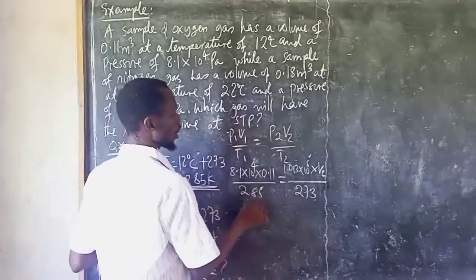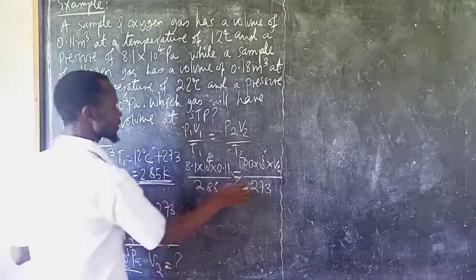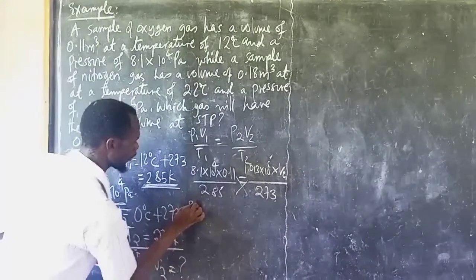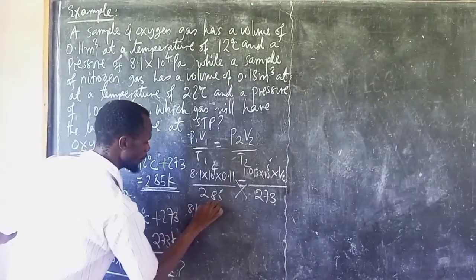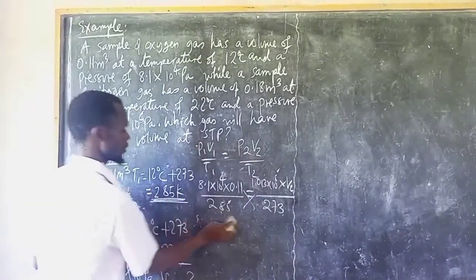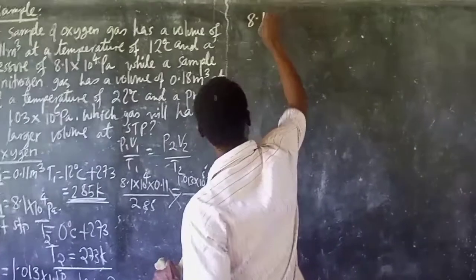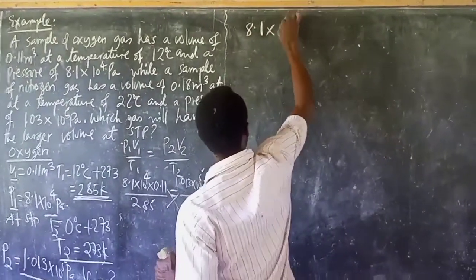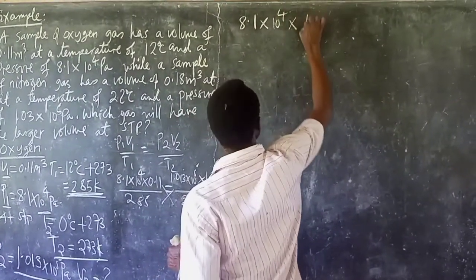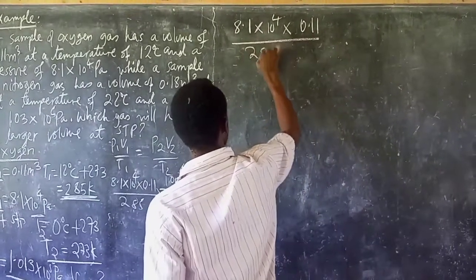Now, once you cross multiply, you get 8.1 times 10 power 4 times 0.11 over 285.